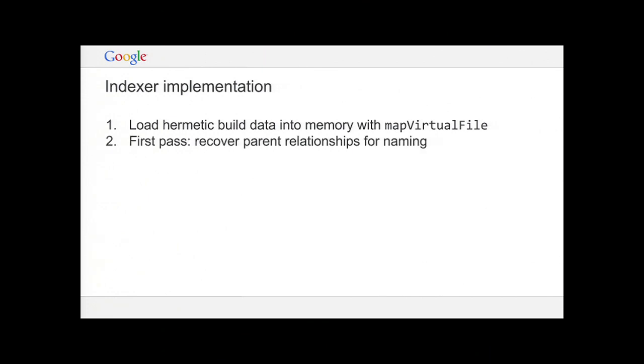In the first pass of the indexer, recall that what we're trying to do is summarize this data in some format. We need to be able to assign good names to everything interesting in the program. Naming is a really common theme in what we're trying to do. Remember, one of the big deals with the extractor was that we were able to name each file in such a way that we could figure out where that file came from.